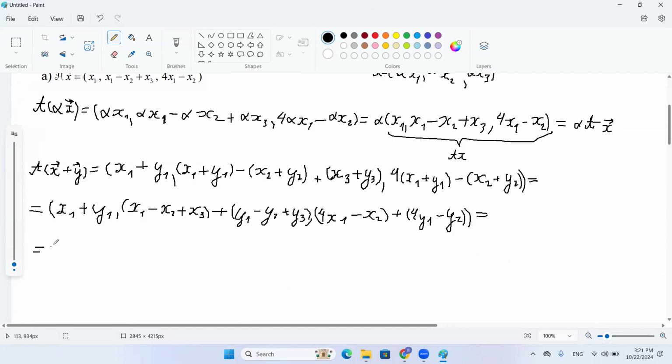And we can write it as the sum of two vectors, because basically it's a vector.